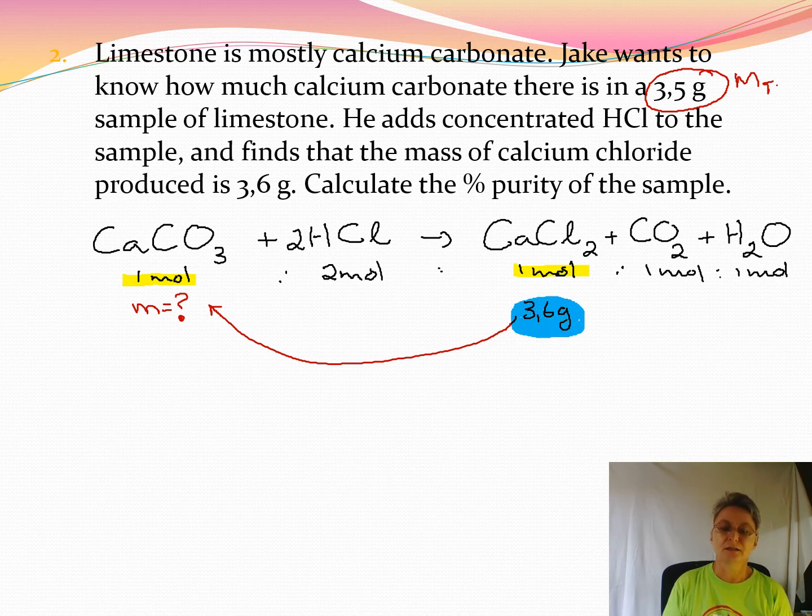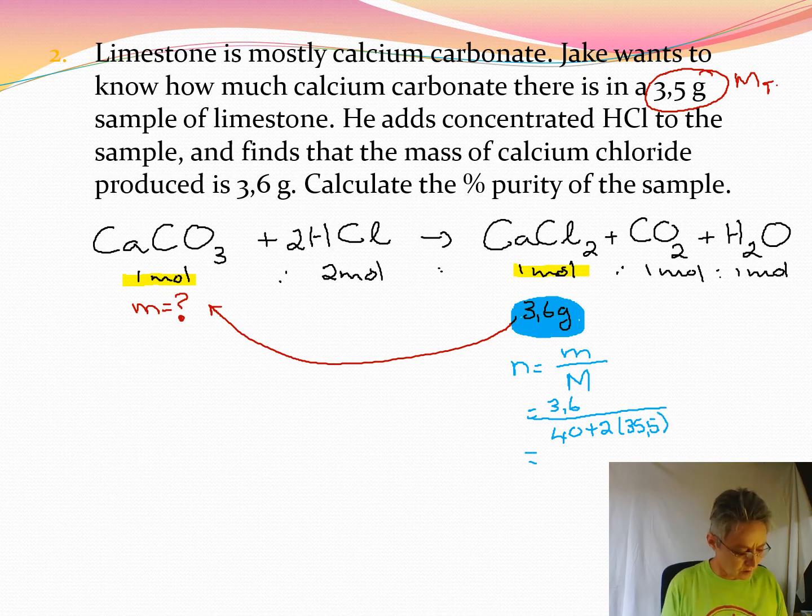To convert this to moles, I need to divide the mass by the molar mass. So I divide the 3.6 by the molar mass, which would be 40 plus 2 times 35.5, which is 71.